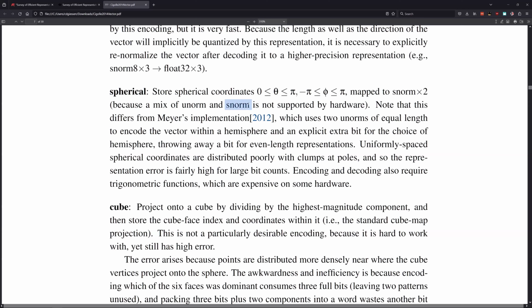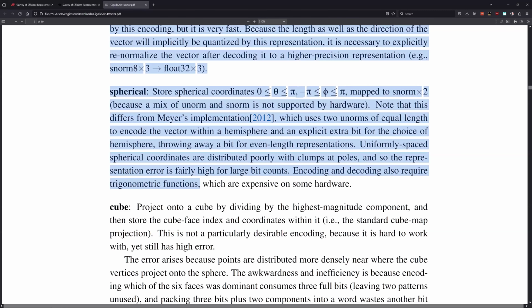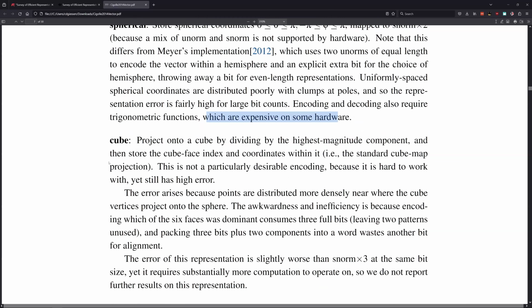It's all UNorms or all S norms. But I don't know. Of course, spherical coordinates are not the best distributed, as mentioned before. So there's still representation error. And they require trig, so that's expensive.